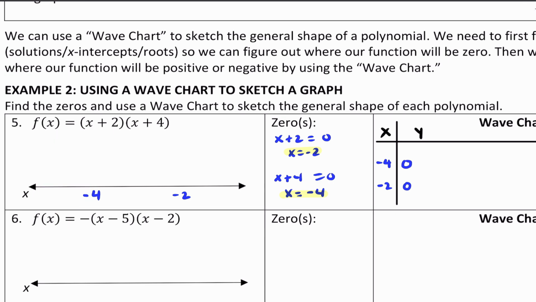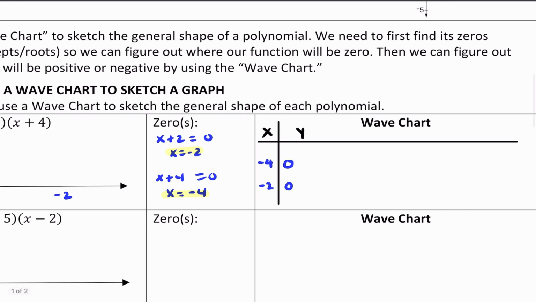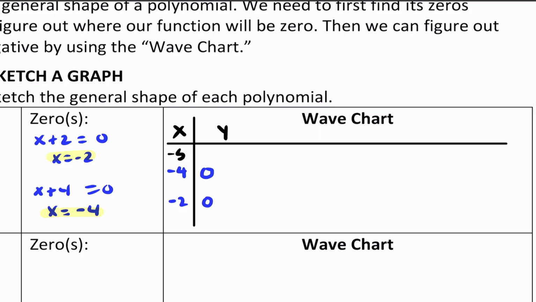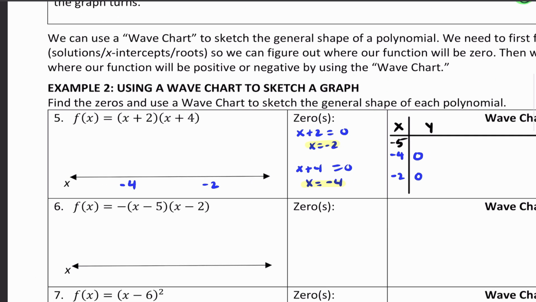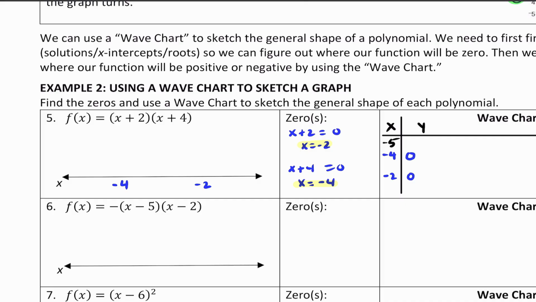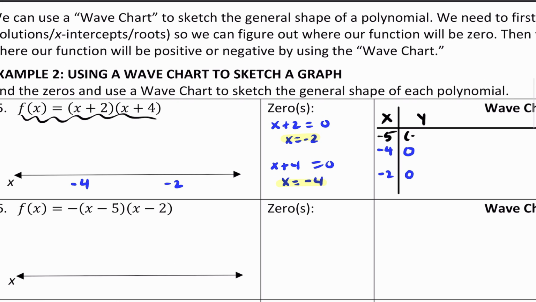So what number comes to mind if we think of left of -4? Well, -5, right? So -5 is an x value. It's before -4. So what happens if I plug in -5? Well, we have our little function here, and we're going to plug in -5 into each x value. So -5 plus 2 times -5 plus 4.